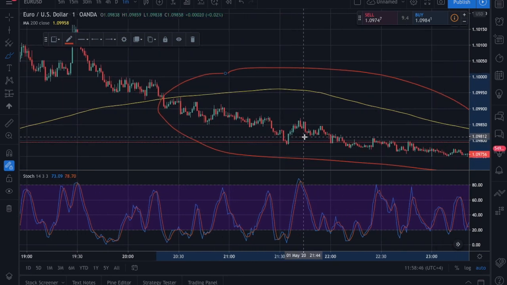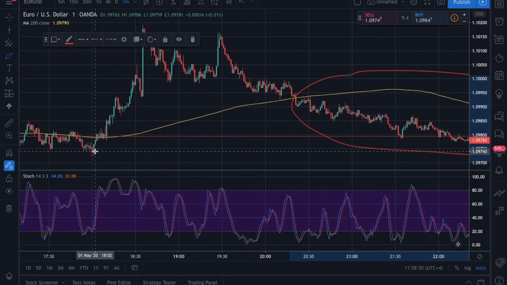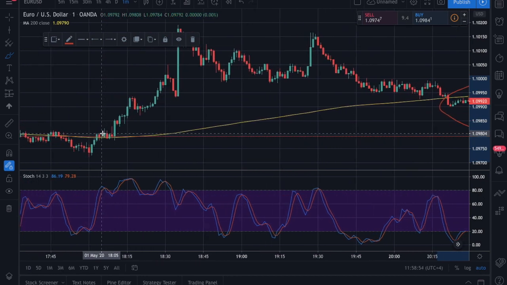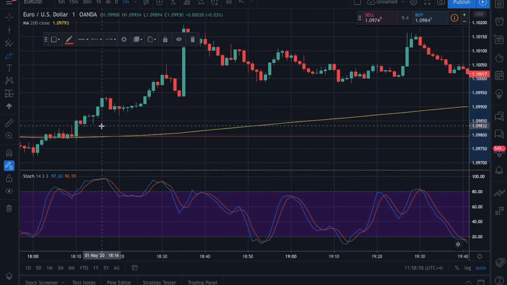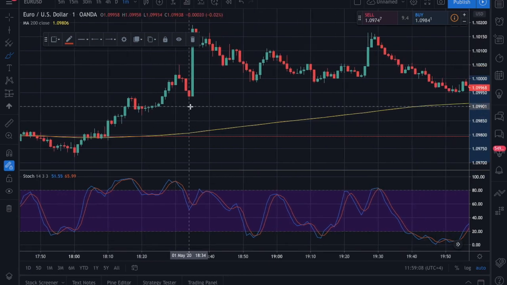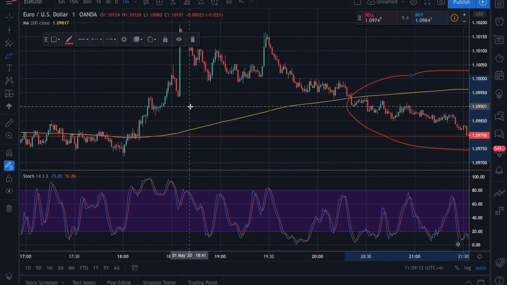So this is our downtrend, and look at this one from this candle here. As you can see, we have a breakout. Look at this green candle. We have a breakout, and from this candle it's above the moving average line. So this is our uptrend.